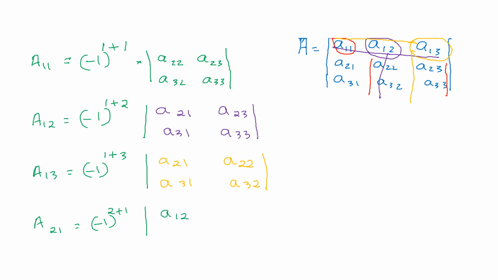A12, A32. Here A13, A33. Okay, and so on. You can write for each of the cofactors in the same way. Okay, so I hope you understood how to find the cofactor.